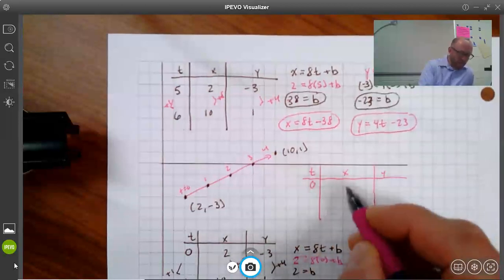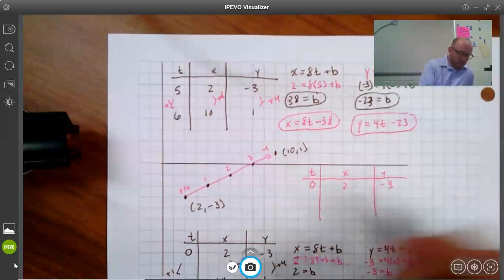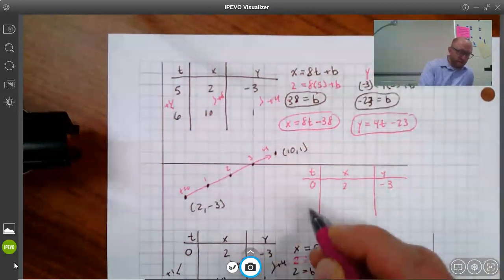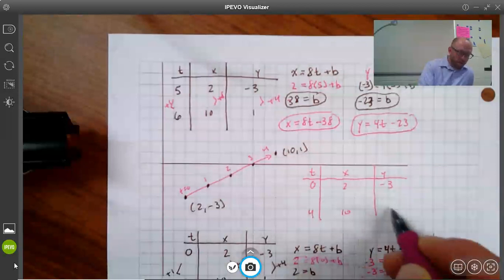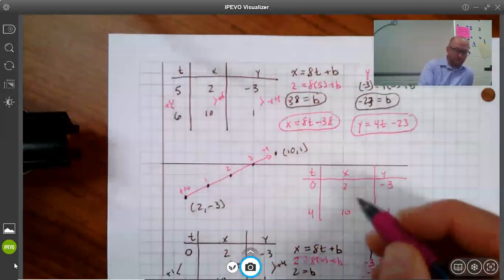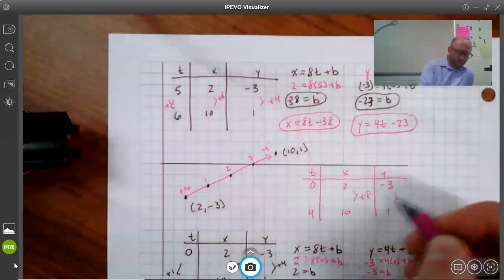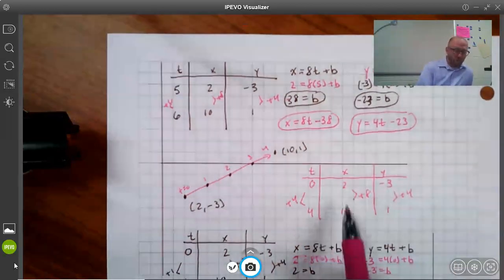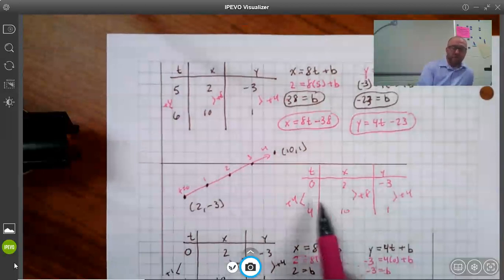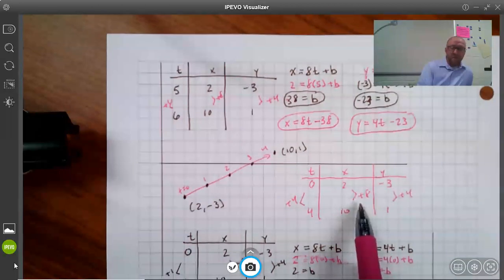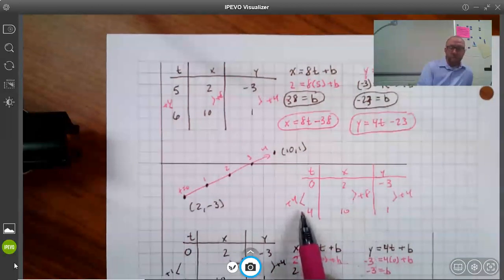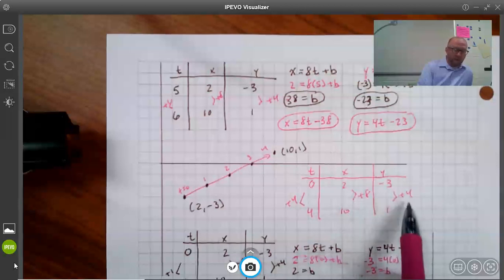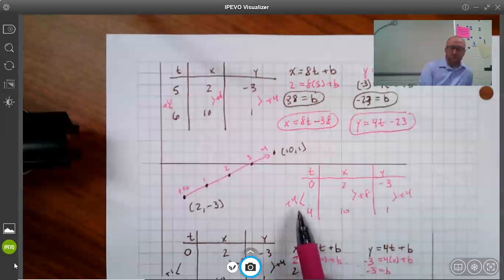At t equals 0, we're at 2, negative 3, but now t is at 4 for 10 and 1. And here, this is still plus 8, and this is still plus 4, but now t is increasing by 4. So our rate of change of x with respect to t is now 8 to 4. So we increase 8 units on the x-axis for every 4 units of time. And here, we've got an increase of 4 units on the y-axis for every 4 units of time.